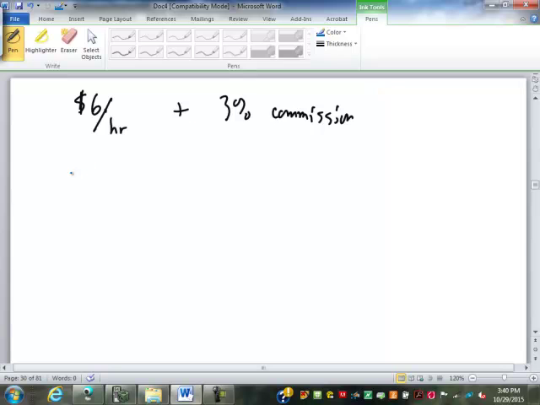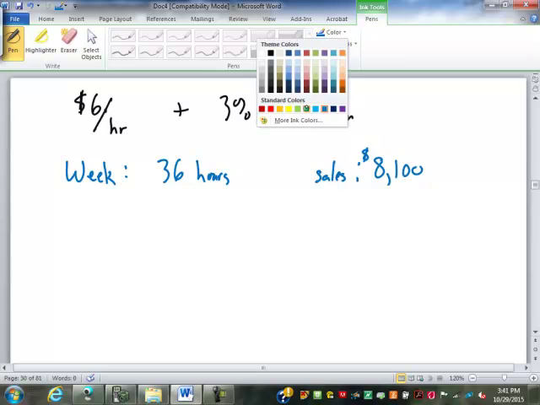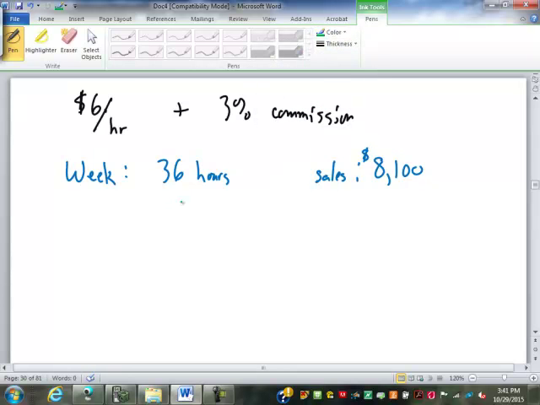So let's say you have a week where you work 36 hours and have sales of $8,100. Let's find your pay. Well, first thing we're going to have to do is the 36 hours times $6, which is going to give us $216.